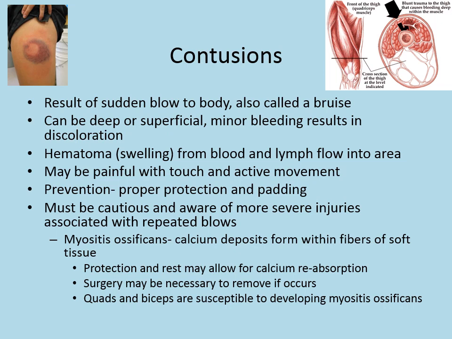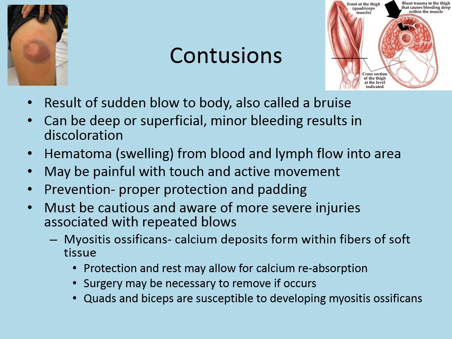So basically what happens is if you get a bruise and you keep getting a bruise in the same spot, your body kind of thinks, nuts to you, you're not trying to protect me, I'll try to figure out how to protect myself, and it starts to lay down bony type tissue. So the body will lay down calcium deposits within the fibers of the soft tissue.